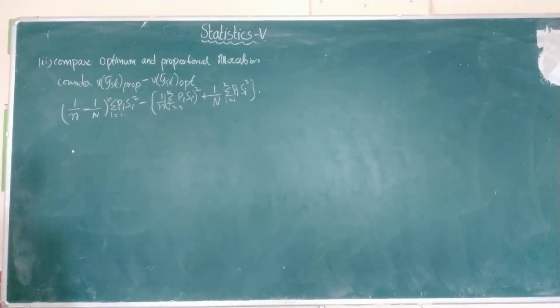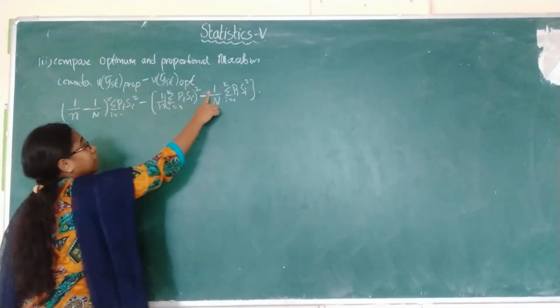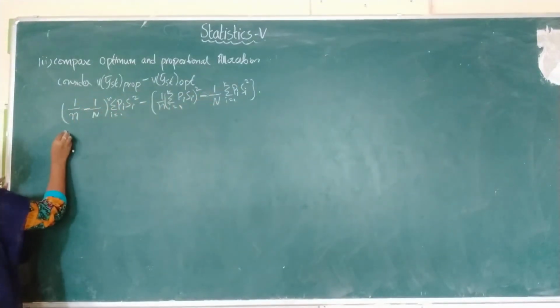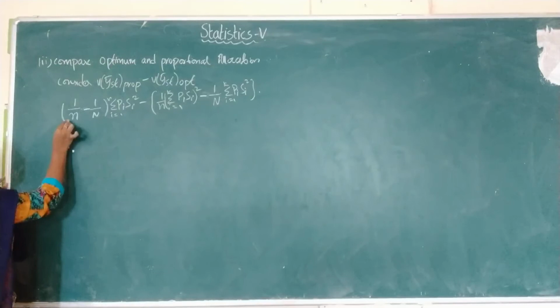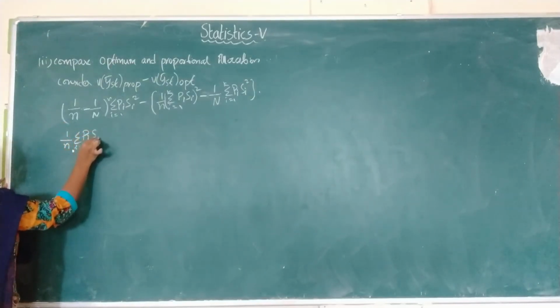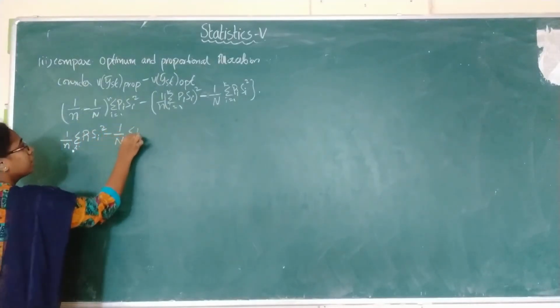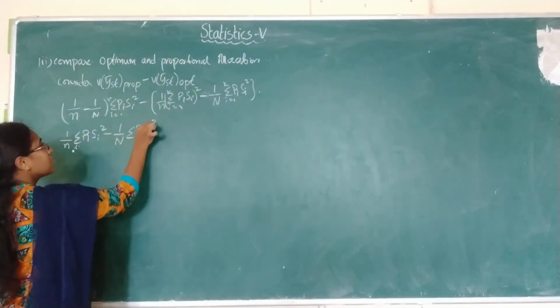Now multiply that minus inside. Now multiply minus inside, you will get, multiply these two terms also, that is 1 by n summation over i pi si square and minus 1 by n summation pi si square.